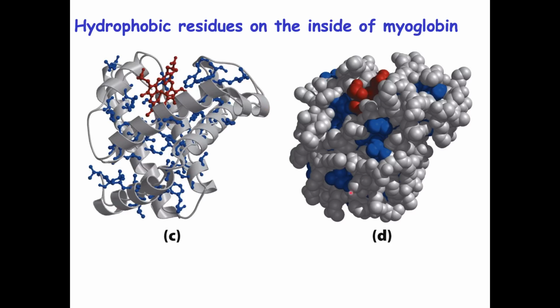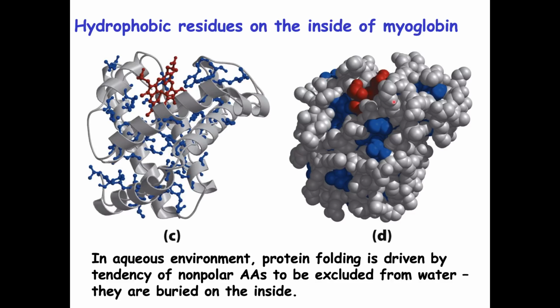So here in the space filling, most of the polar amino acids are facing the aqueous solution. So in an aqueous environment, protein folding is driven by this tendency of the nonpolar amino acids to be excluded from water and buried on the inside.